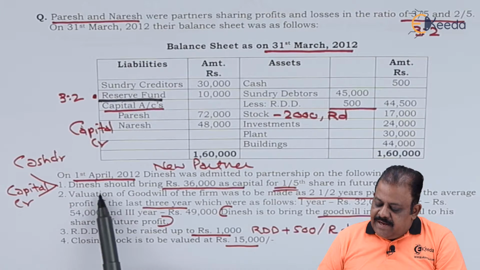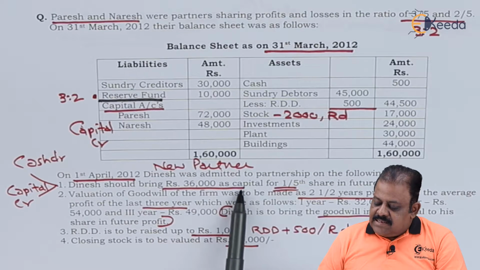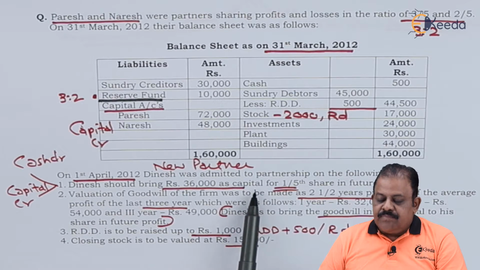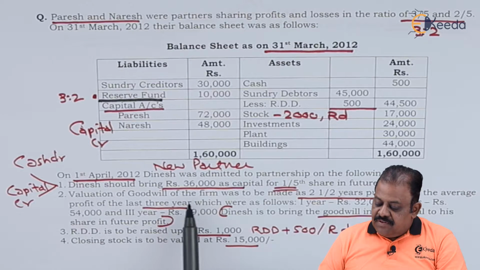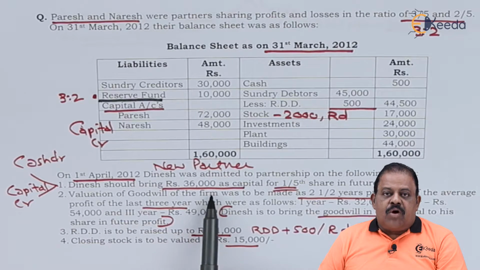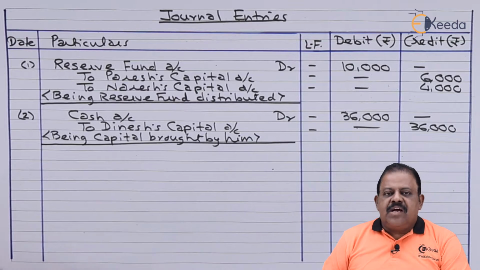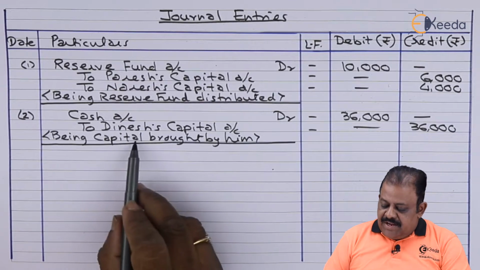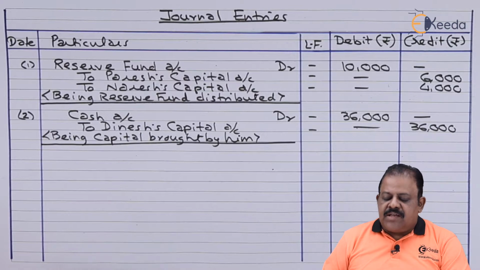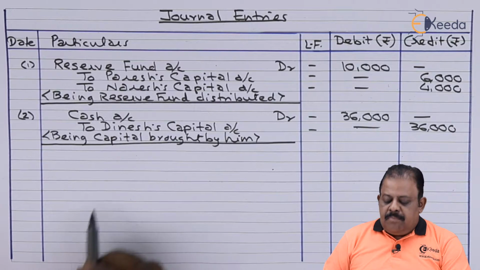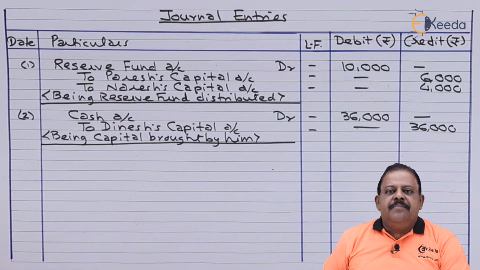Next entry is Dinesh should bring 36,000 as capital. So that is the amount of capital brought by Dinesh, 36,000. Cash account debit 36,000 to Dinesh capital account 36,000, being capital brought by him.